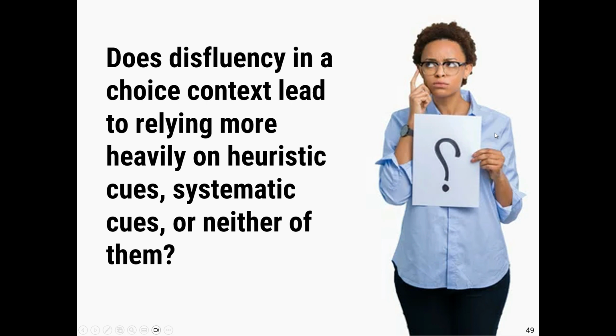So this question came to my mind: does disfluency in a consumer choice context lead to relying more heavily on heuristic cues, systematic cues, or neither of them? To answer this question, I took a look at some existing findings in the marketing literature, which have demonstrated directly and indirectly that people might use heuristics to simplify their decision process when deliberate thinking is undermined.